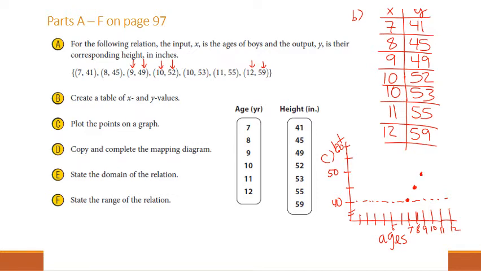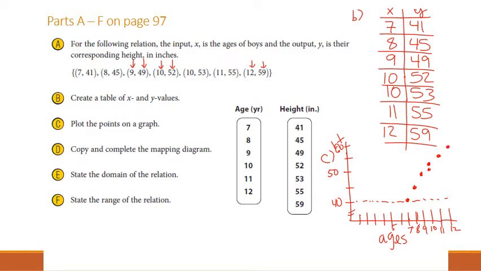Then for age 10, I have 2 points along the vertical axis. I got 52 and 53, so I'm going to have 2 points basically right on top of each other. And then for 11 years of age, I have 55, which would be right around there. And then for 12, I have 59, which would be just below 60, so somewhere around there.